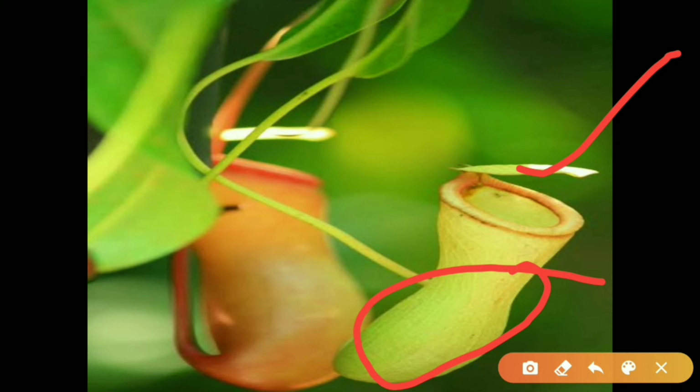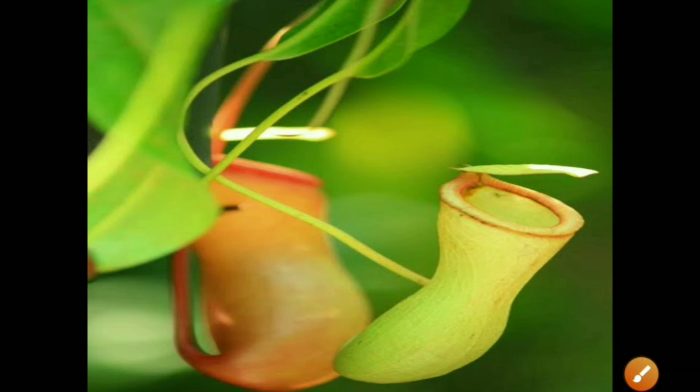Inside the pitcher, there are hairs which are directed downwards, and when an insect falls in the pitcher, the lid closes automatically and the trapped insect gets entangled in the hair of the pitcher and hence cannot come out.